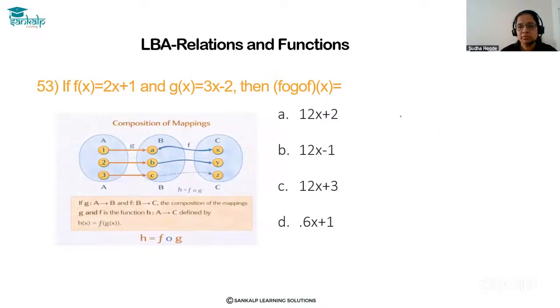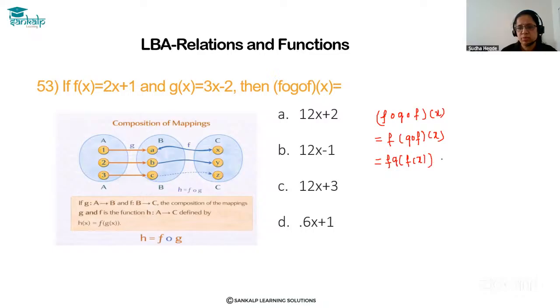How do you find f composition g composition f of x? That is equal to f of g of f of x.